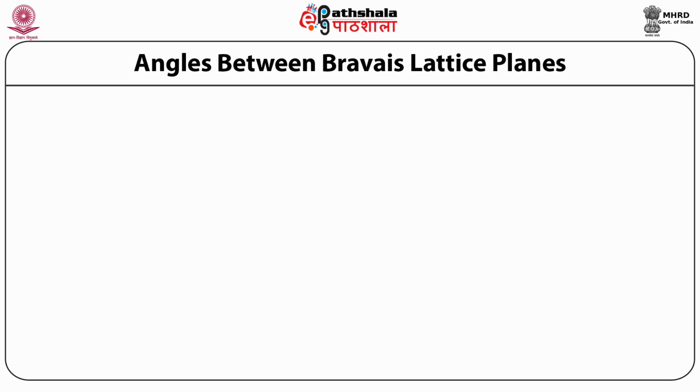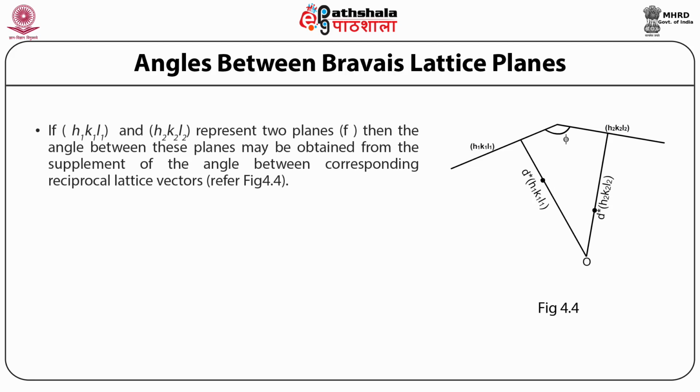Now we can derive a formula for the angles between Bravais lattice planes. For that you have to look into figure 4.4. Here H1K1L1 and H2K2L2 represent the two planes. Then the angle phi between these two planes may be obtained from the supplement of the angle between the corresponding reciprocal lattice vectors.